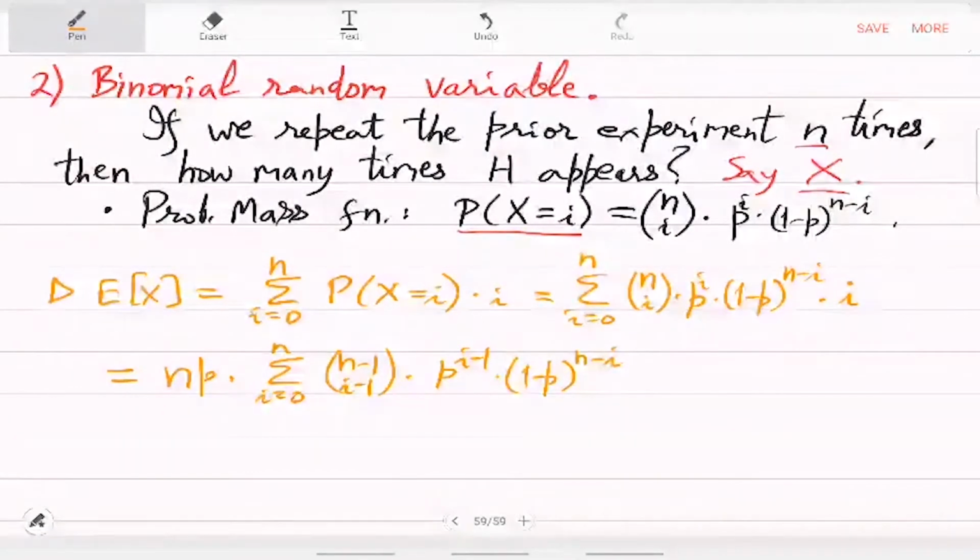Okay. And this then you see is a binomial expansion. Probably that is why we call it also the binomial random variable, which is np times p plus 1 minus p to the n minus 1, which is np.